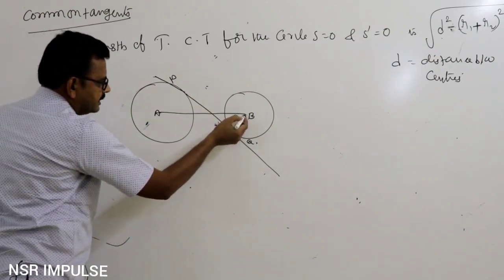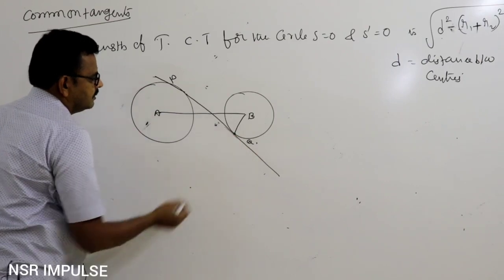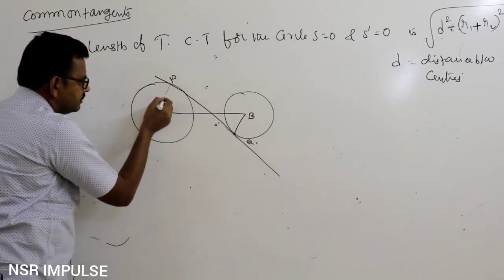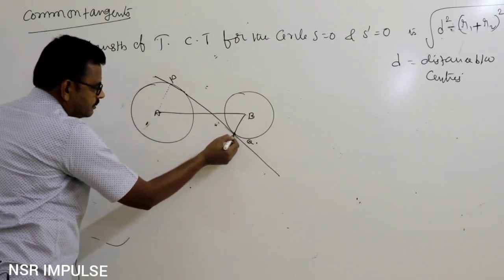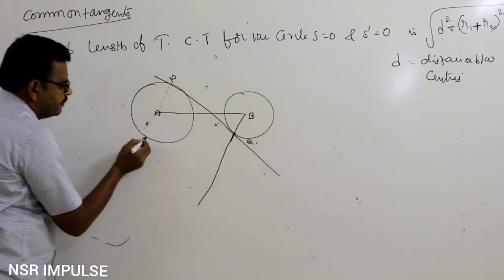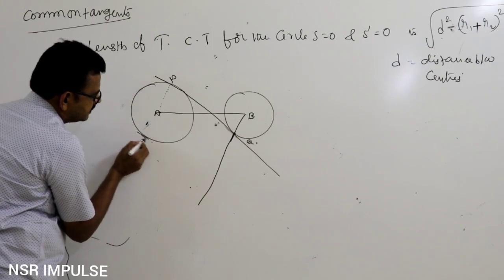This is the radius. Draw a line which is parallel to PQ.